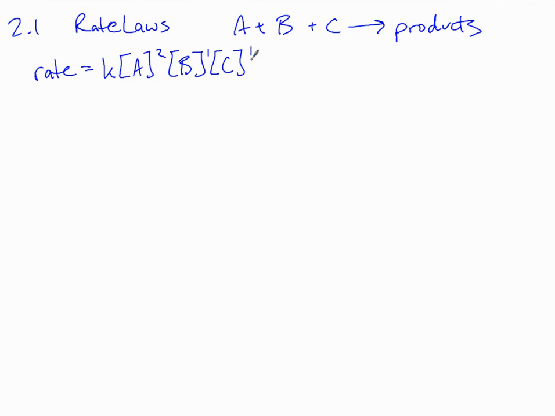Eventually we'll get to the point where we can figure out the rate law from the data. Right now, it's just given to us. So the rate is dependent on the concentrations. And when we plug in our numbers for each of these 3, along with a K constant, how fast is this reaction going to go? It's going to tell us how fast it goes.